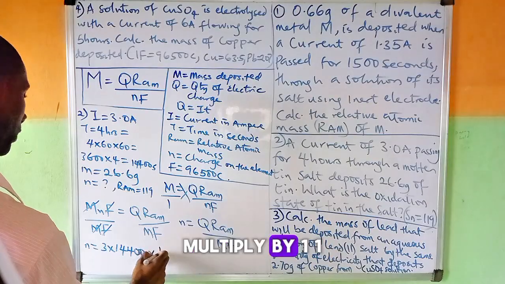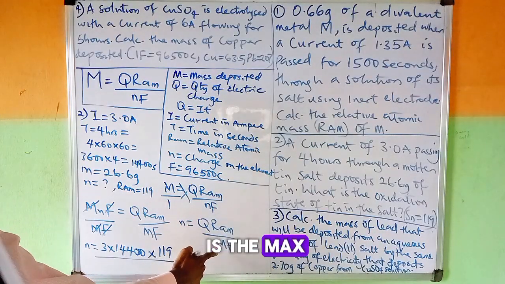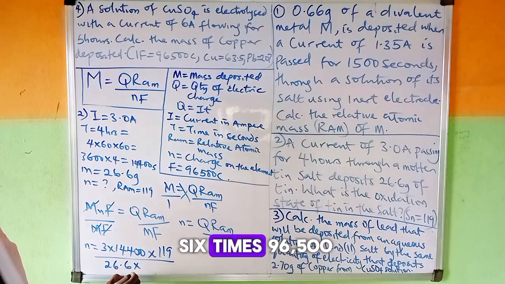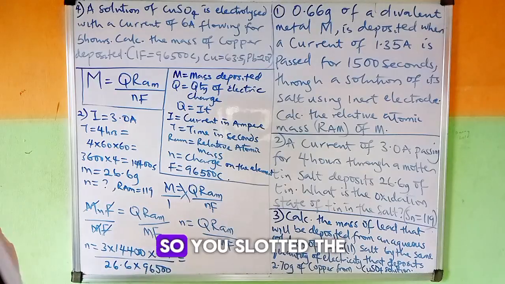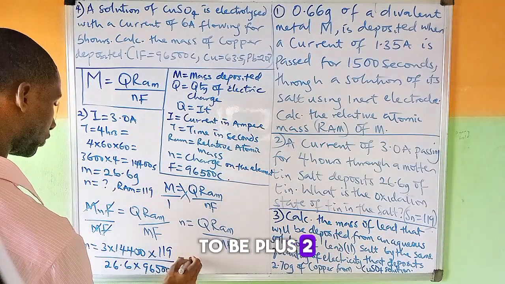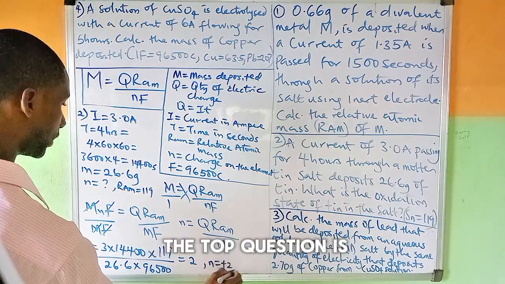Multiplied by 119 divided by, what is the mass? Our M is 26.6 times 96,500. So if you slot in the values, your N is going to be plus 2. So our N is equals to plus 2.